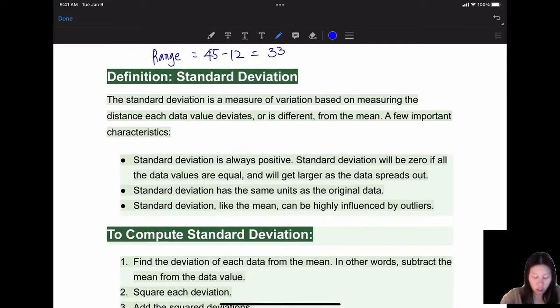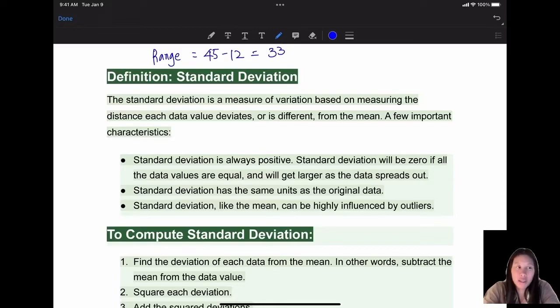Okay, so definition of standard deviation. The standard deviation is a measure of variation based on the measured distance each data value deviates, or is different, from the mean. A few important characteristics: standard deviation is always positive, and the standard deviation would be 0 if all the data values are equal, because that makes sense.